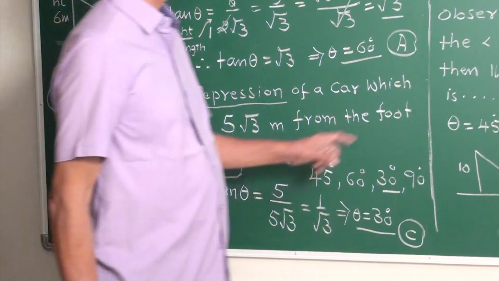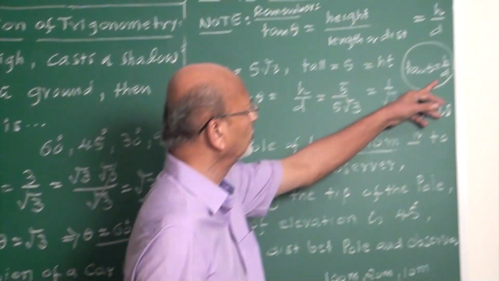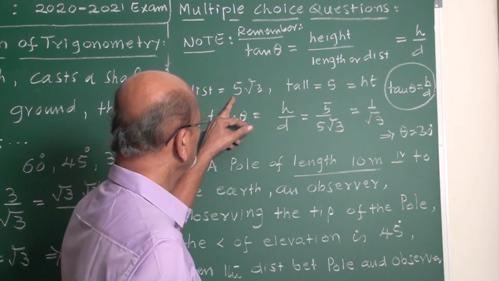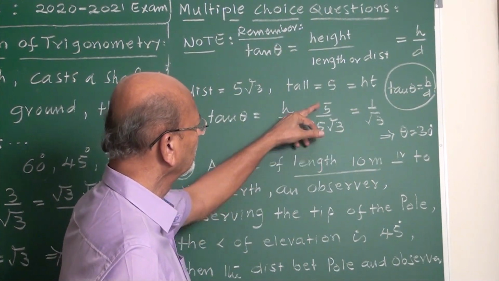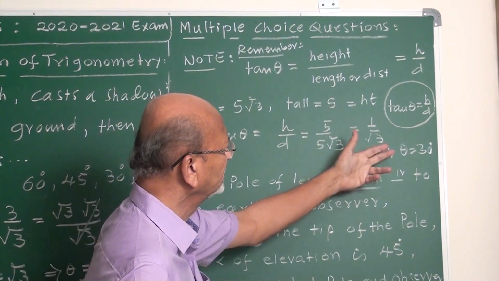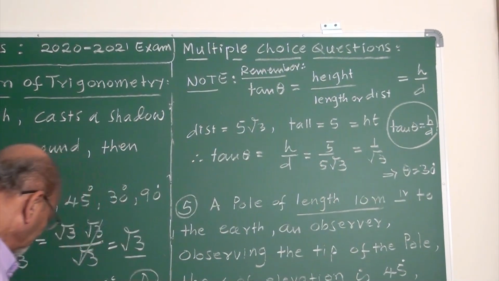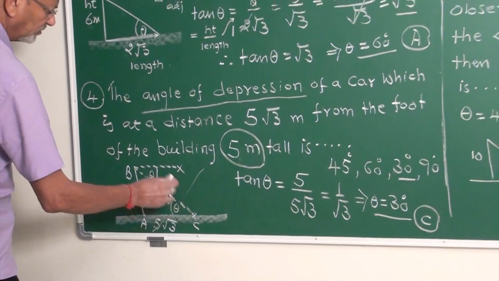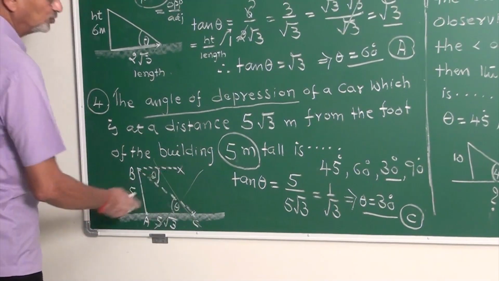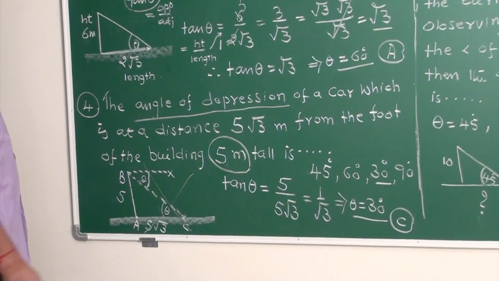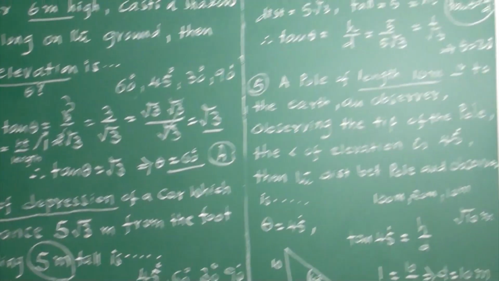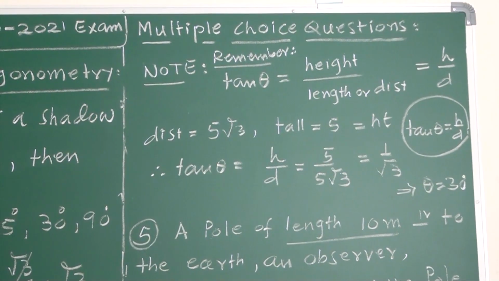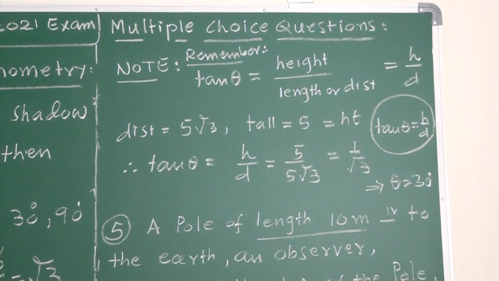Then apply this formula. Tan theta equals h upon d. Now h is 5, d is 5 root 3. 5 cancels, 1 by root 3. Theta is 30 degrees. In this case, my friends, all this figure, everything will be of no use at all. Directly apply tan theta equals h upon d or h upon L. What is that L? Length or distance along the ground, my friends.